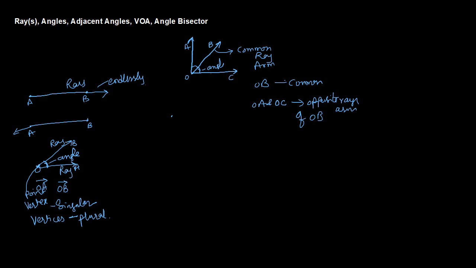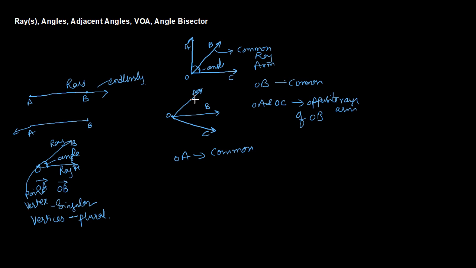So if I take another example, just like that, O, A, B, C. Can I call OA the common arm or not?